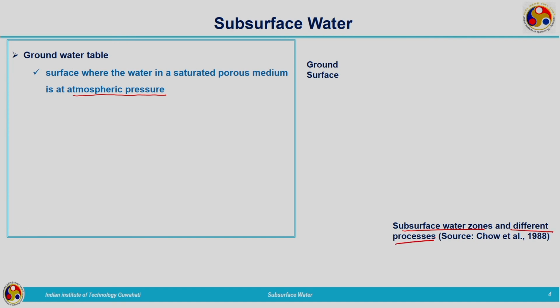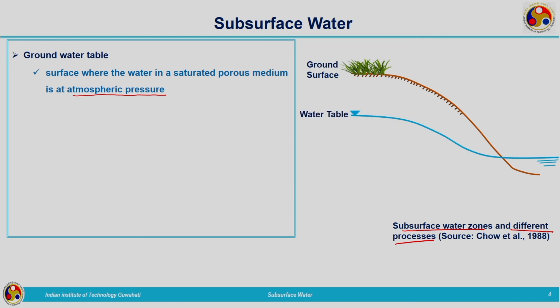After that we will be discussing only the flow within the unsaturated region. So, let this be the ground surface. Here we are considering a water body, which may be a river, stream, or whatever is present in the location, and the water table extends like this. This water table is the boundary between the saturated region and the unsaturated region.